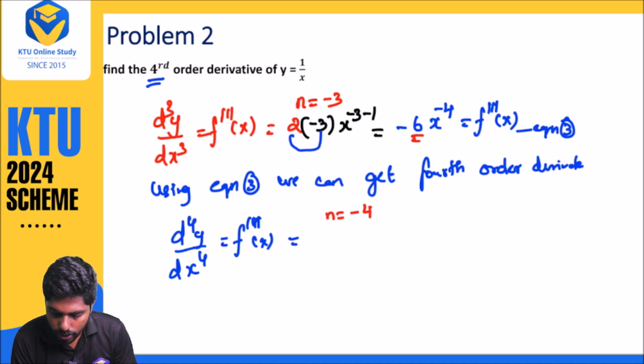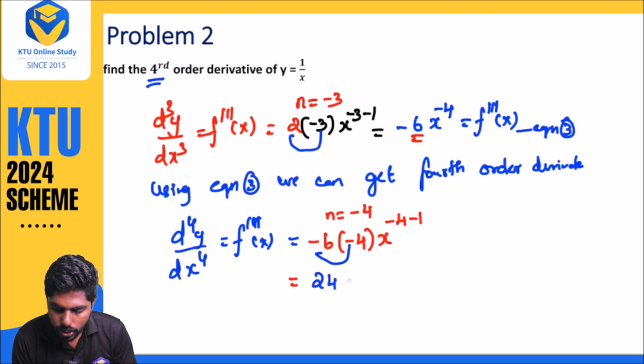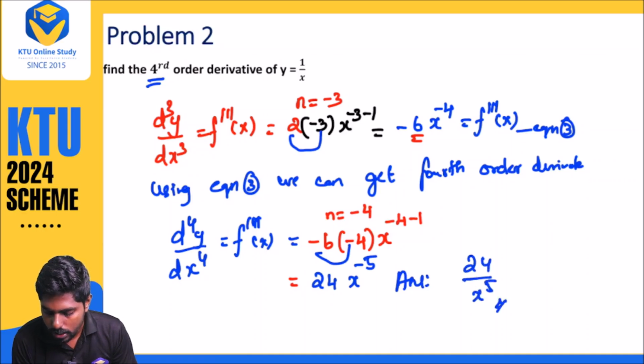The constant is minus 6. So minus 4 into x power n minus 1, that is minus 4 minus 1. Minus into minus is plus, so 6 into 4 you get 24 x power minus 5. So our answer is 24 divided by x power 5.